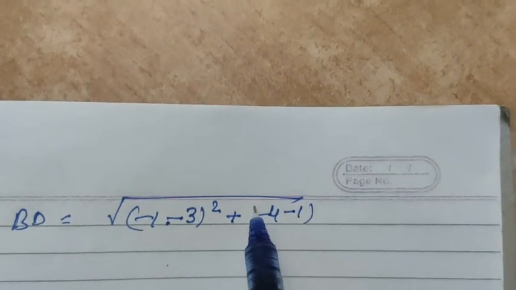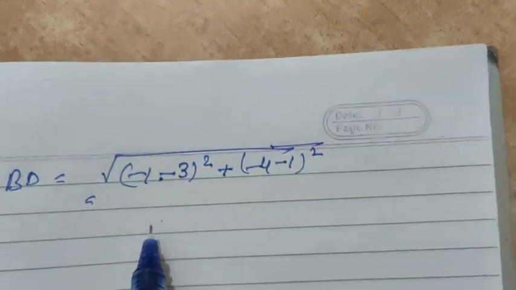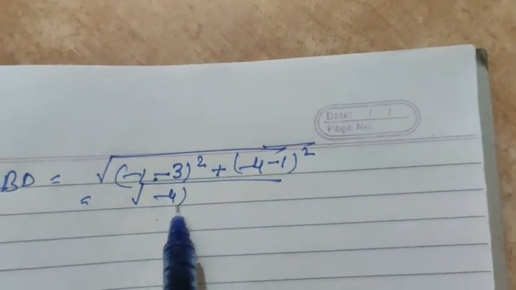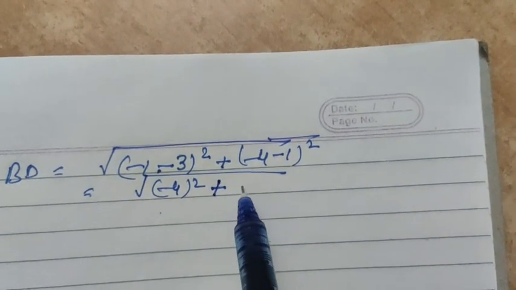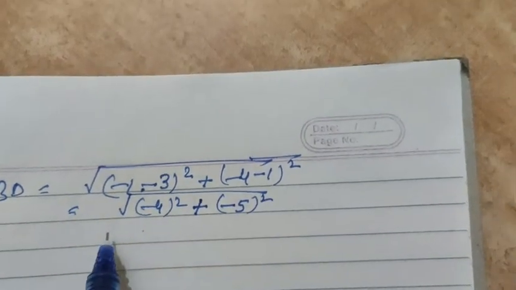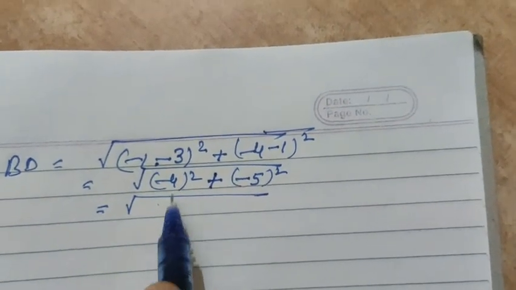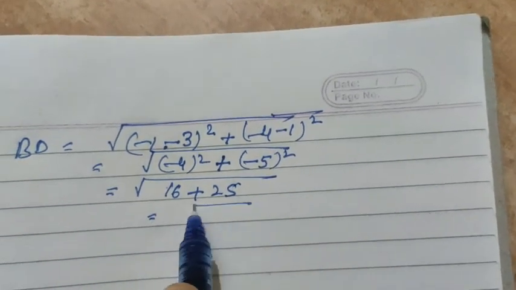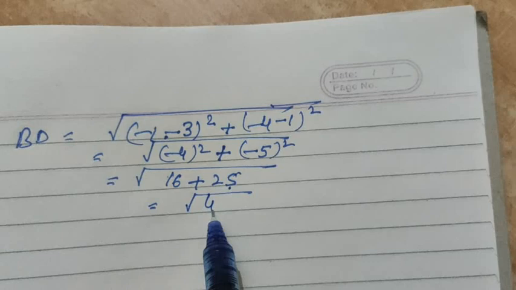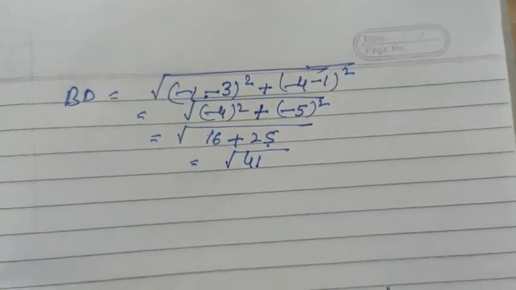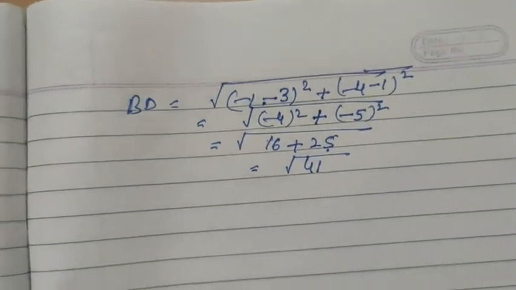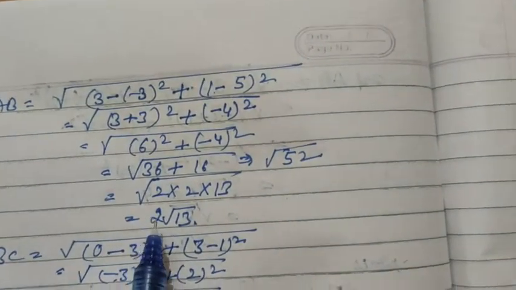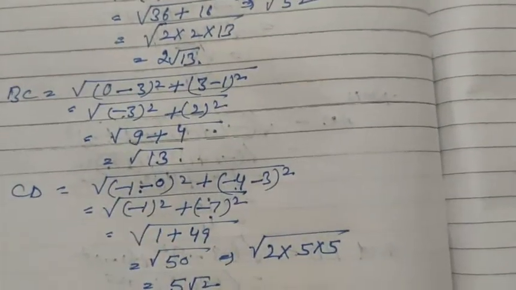So this will be minus 4 square plus minus 5 square. Minus 4 square becomes 16 plus minus 5 square becomes 25. So 25 plus 16 becomes 41.